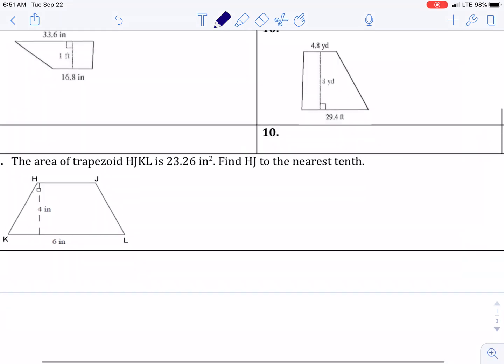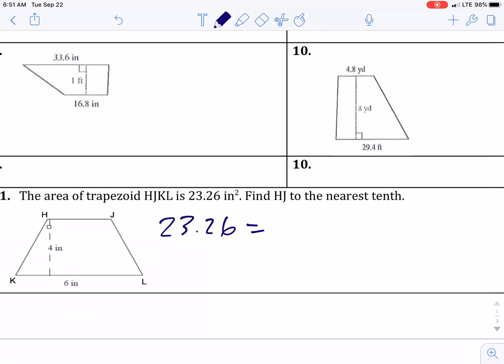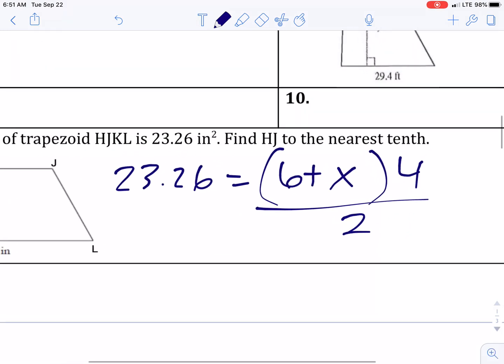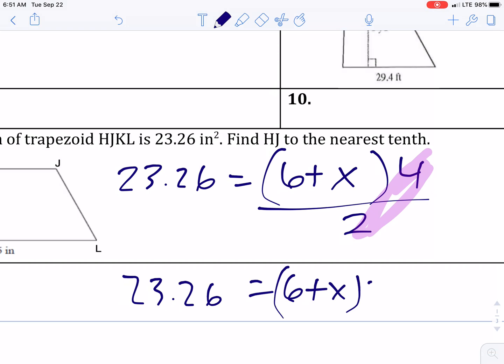And then on the last one, they're giving us the area. So we get 23.26 is equal to base 1, 6, plus the other base we don't know. We'll call that x times the height of 4 divided by 2. Okay? So the way I would work through this is I would divide this out. So then we get 23.26 is equal to 6 plus x times 2.